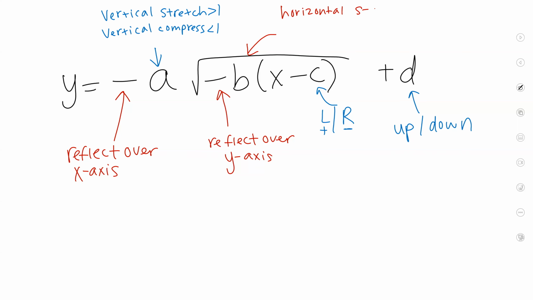It can be a horizontal stretch or a horizontal compress. Okay, now if it's a stretch, it'll be less than 1, and if it's a compress, it's greater than 1. So it's basically the opposite, okay? All right, so we have this. If you don't have this written down, it's already in your notes. If you want to, take a picture of it. We're gonna go ahead and move on and do some examples, okay?